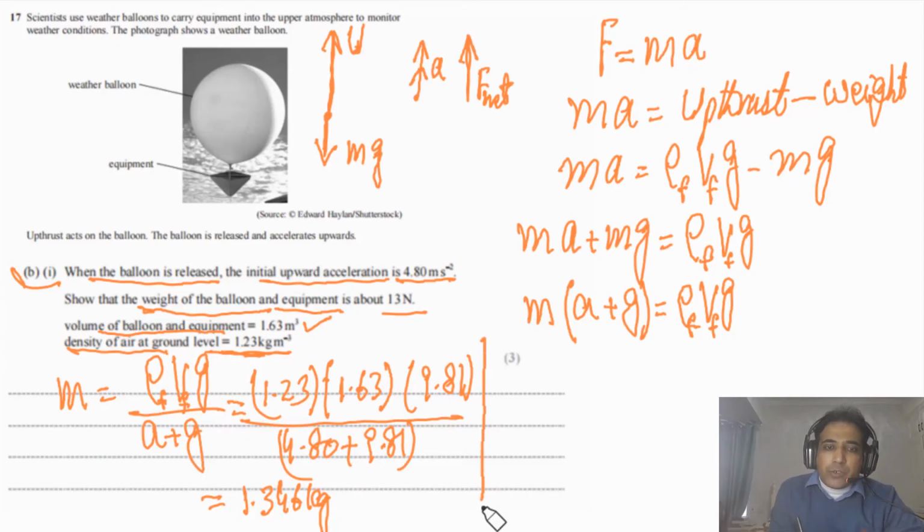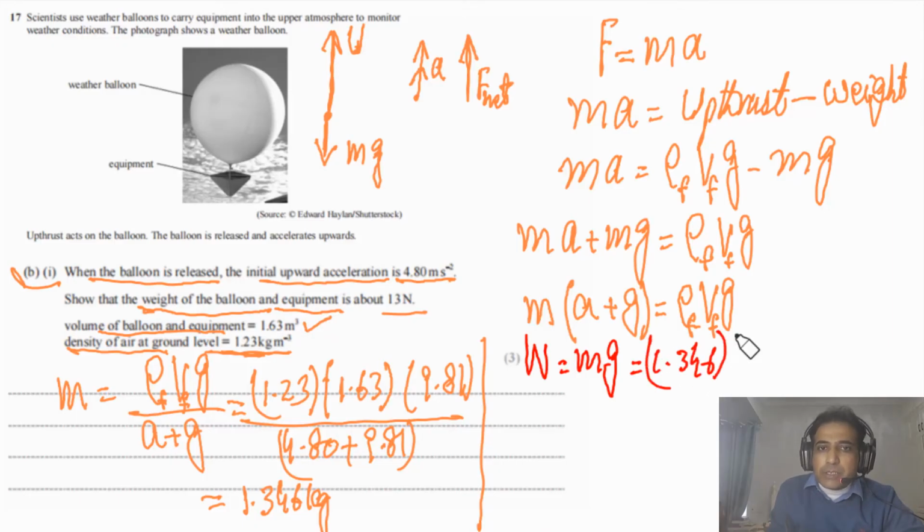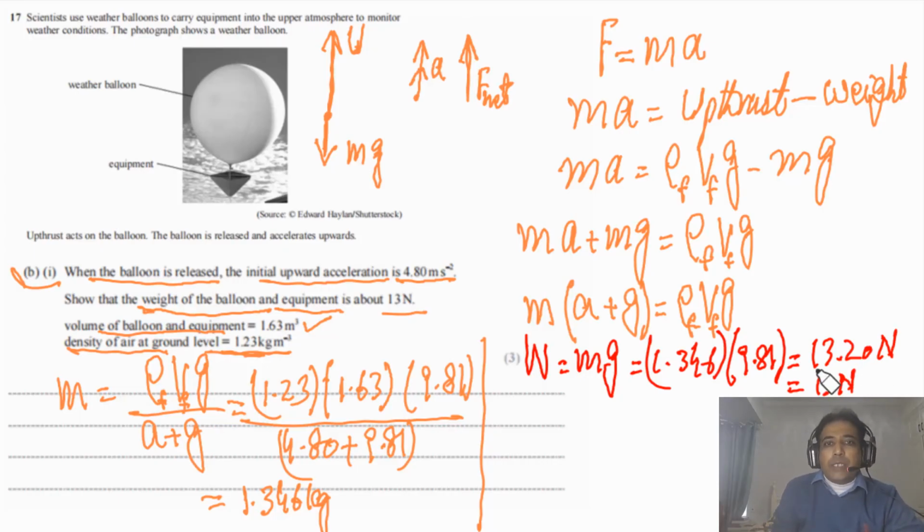We need to find the weight, so W simply will be equal to m times g. So we have m, 1.346 kg, multiplied by 9.81. So we get 13.20 newtons. Up to 2 significant figures, this is equal to 13 newtons. So this is how we can answer this question.